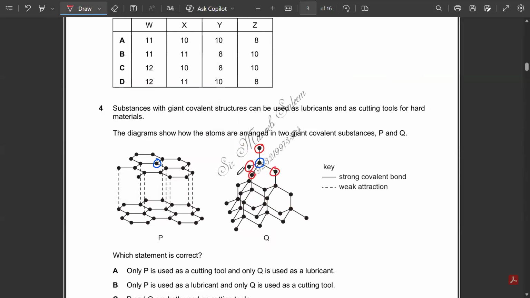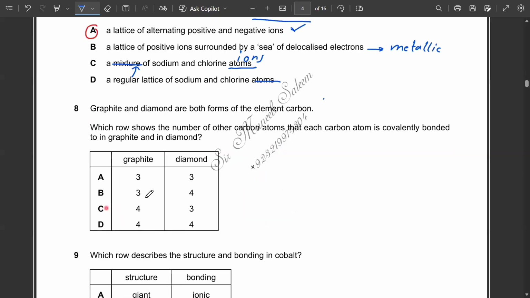So 4 atoms in the diamond, and in case of the graphite there are 3 carbon atoms bonded directly with the blue carbon atom. So for this reason we will select the relevant option from here. In the graphite there are 3 and in diamond there are 4. So in this way the correct option becomes the B option.